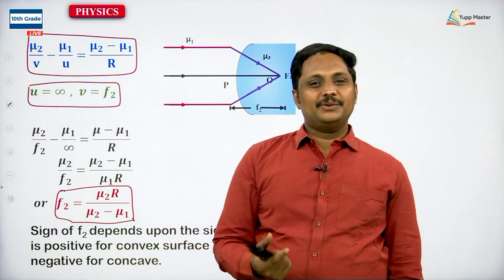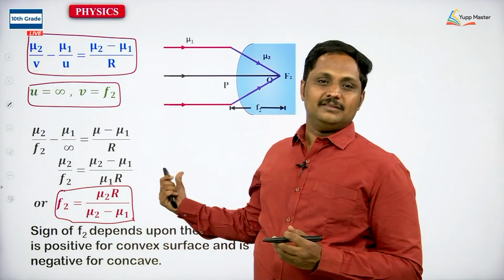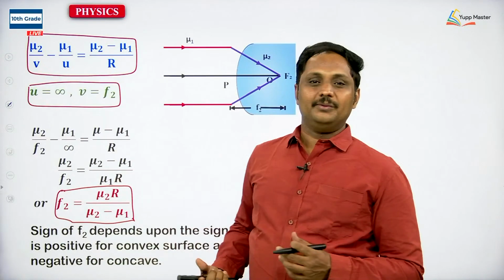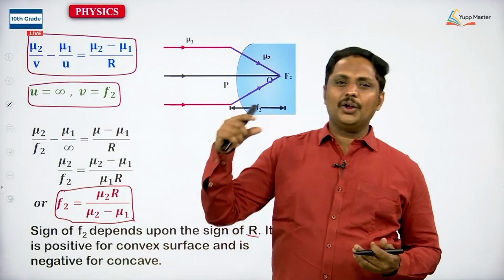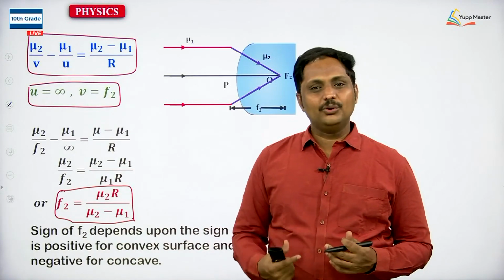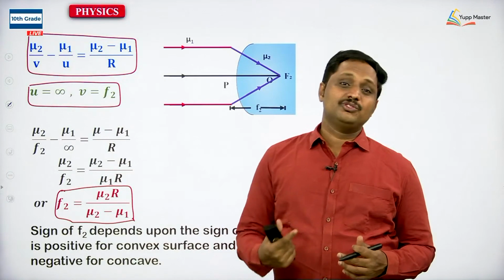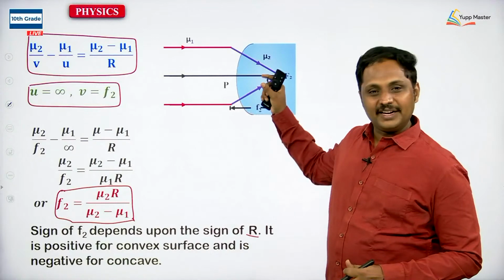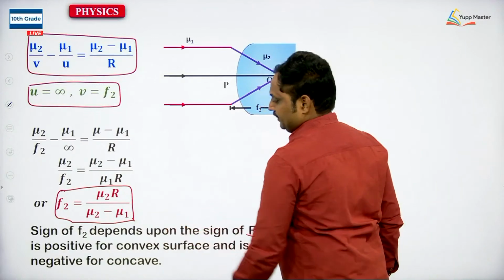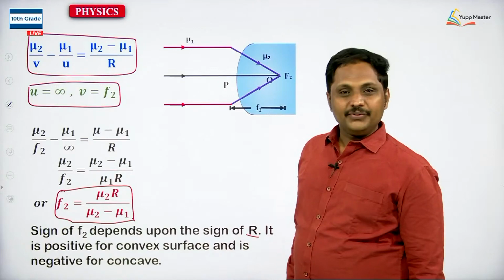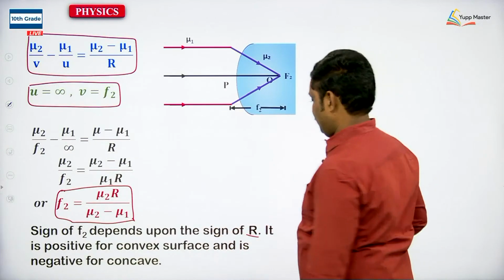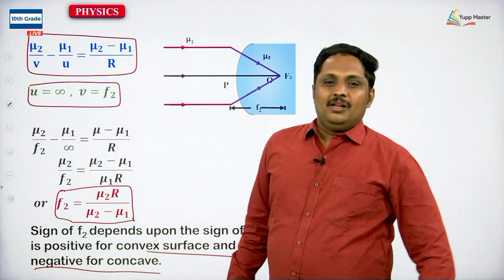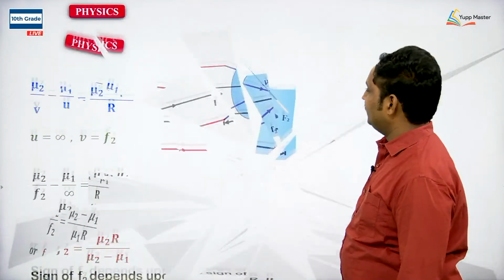We have to remember what F1 and F2 are for a convex surface, and in the case of a concave refracting surface we also have to compare the F1 and F2 values, which are positive and negative. Here it is very clear, F2 is positive for a convex refracting surface, while for a concave refracting surface it is negative. We have to note this point. This is very, very important. Okay, students, we just have to follow this one.